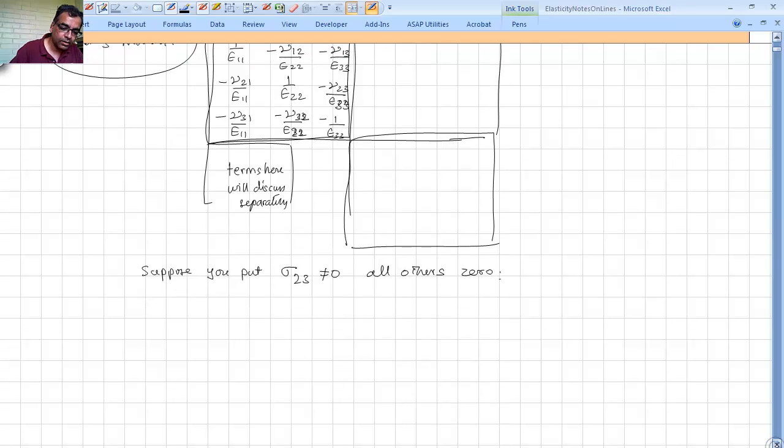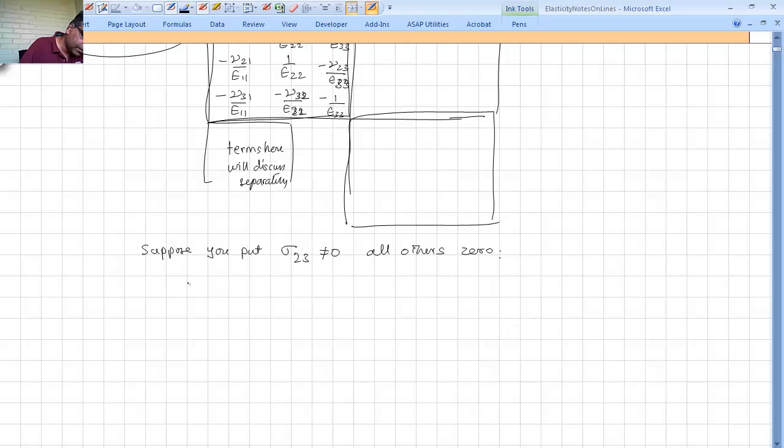And then sigma 23 over epsilon 23, or 2 times epsilon 23, is called G23, and this is called the shear modulus in the 2 3 plane.